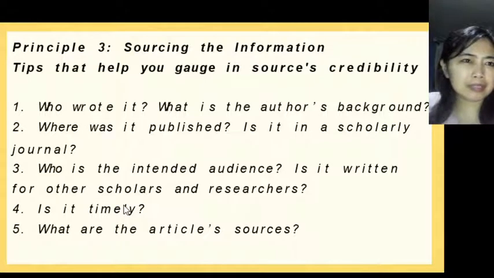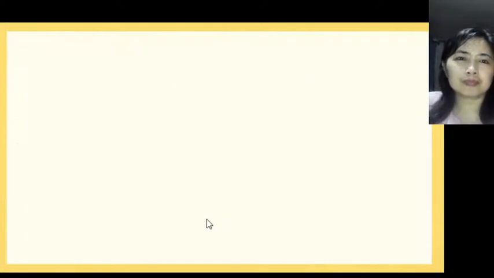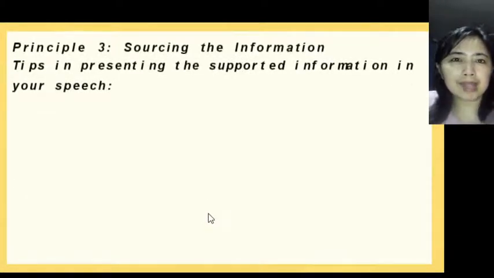Is it timely? If you'll be talking about effective money management in times of this crisis with grade 11 students, this can be helpful, and I can add this information to my speech. And what are the other article sources? Hopefully you can use these guide questions to have good data gathering.